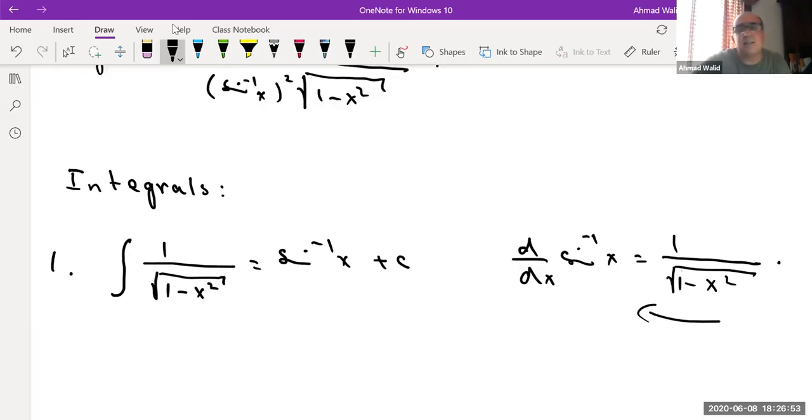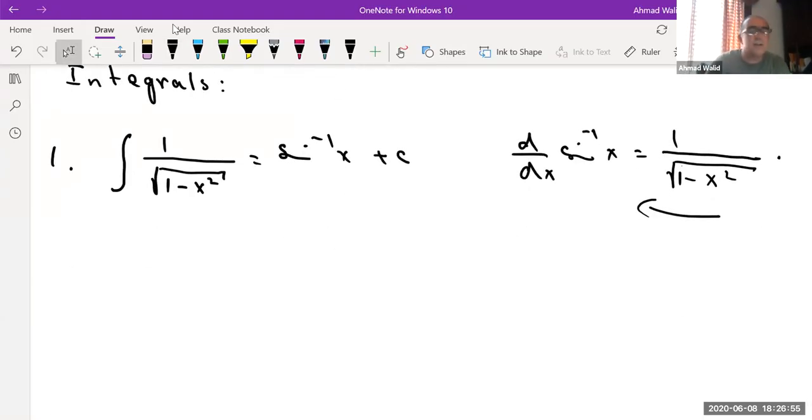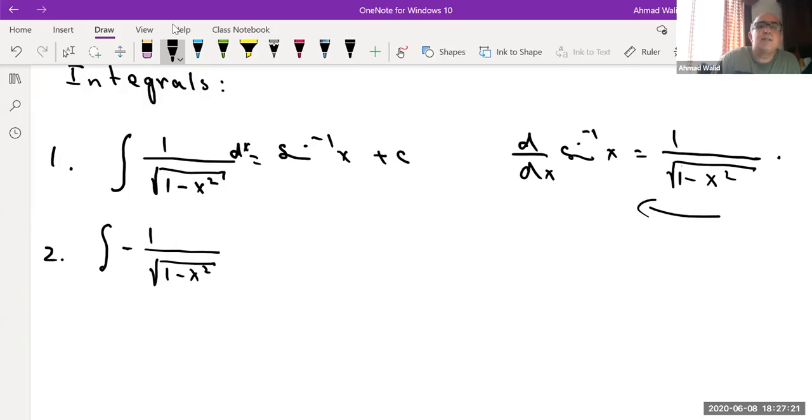I will write at least 3 of them, not all 6 for you, because the table that I put for derivatives, read it from right to left. The integral of the right is the left side, correct? Number 2, integral of negative 1 over the square root of 1 minus x squared dx equals cosine inverse x plus c.